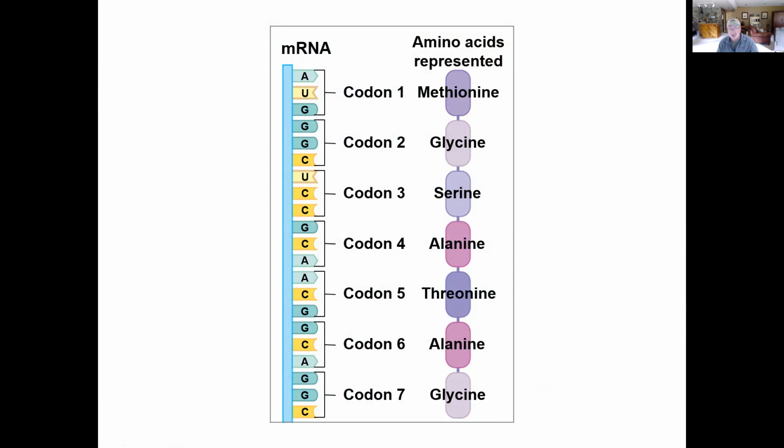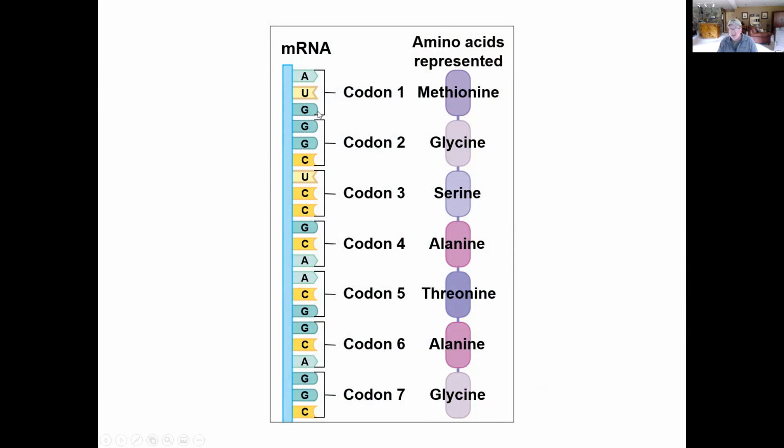There are 20 or 20 plus amino acids, and those are the names we see here, these funny looking names, methionine, glycine, serine, and so on. Those are names of individual building block molecules of proteins. You remember that from chapter 2, I hope. Amino acids are building blocks of proteins.